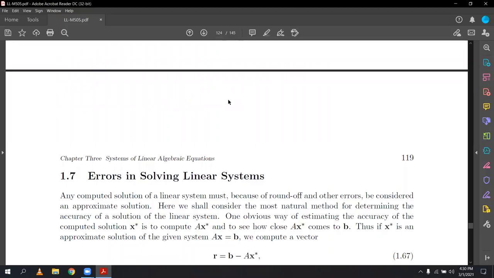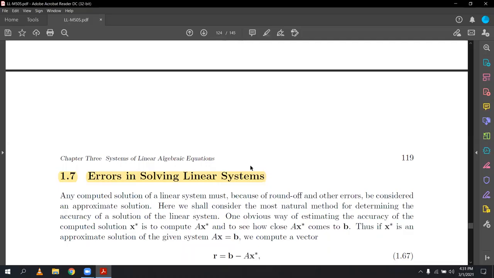The last topic of this first portion is error in solving the linear system. It is a very simple topic, but a very good one. You remember when we solve the linear system, especially with the help of iterative methods, I told you the iterative method will give you some approximate solution.